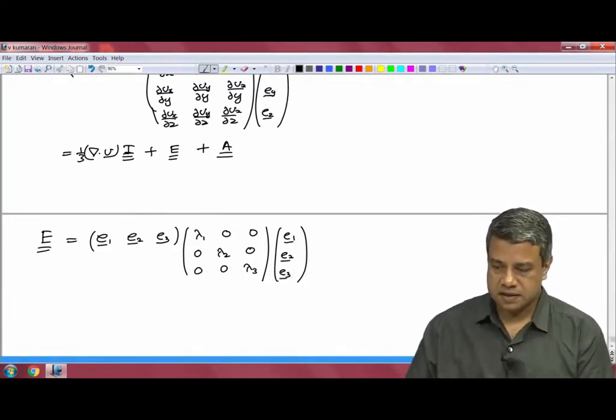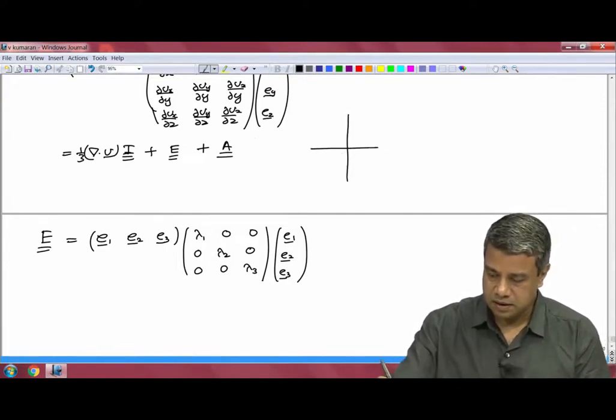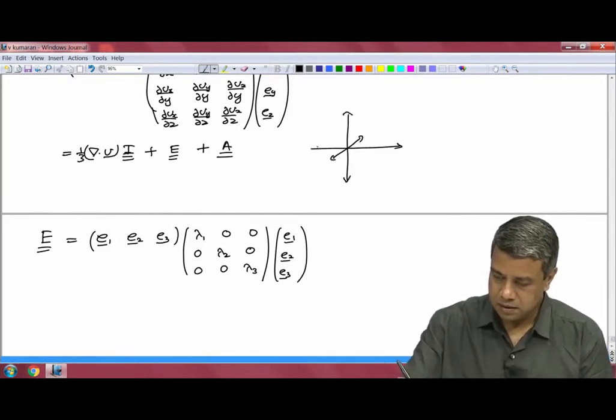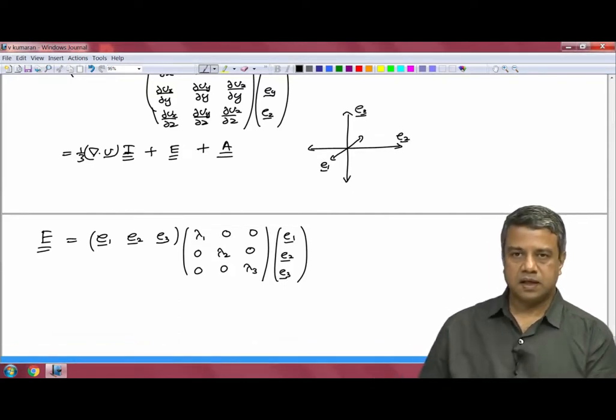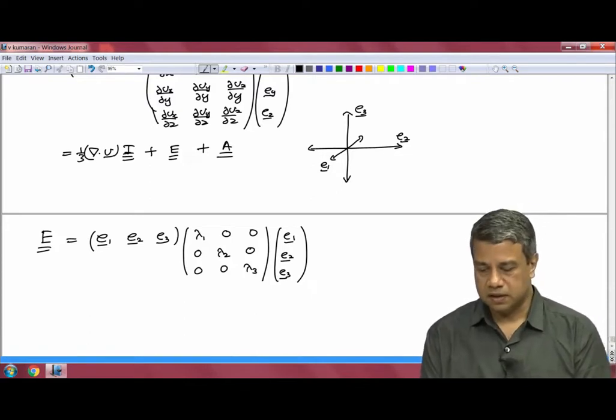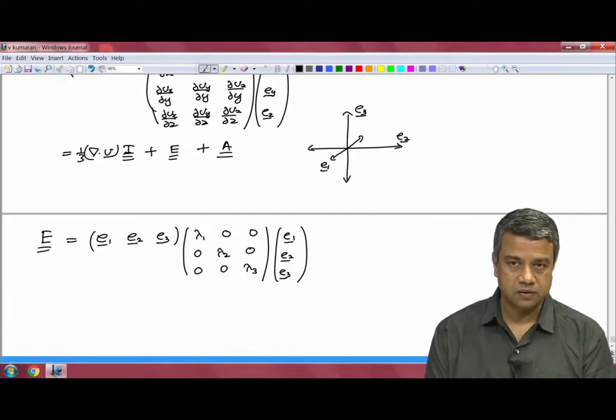And this represents a coordinate system that is aligned along the eigenvectors of this matrix locally. Note that all of these are functions of position, they vary as you go to different locations.